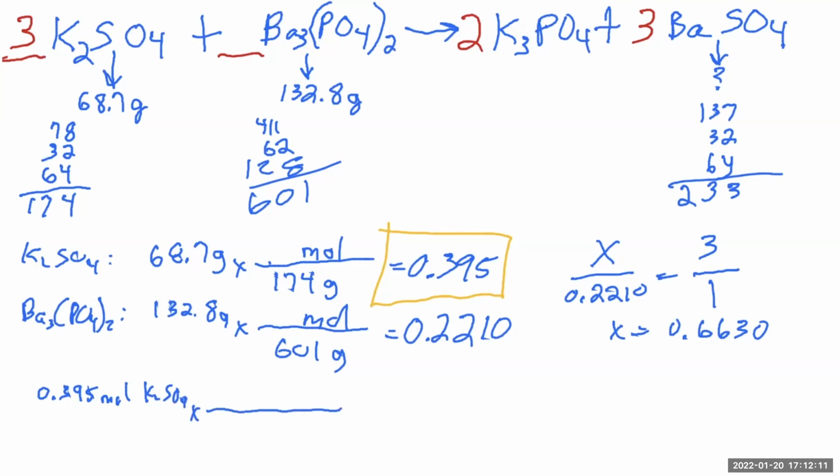So what's going to go on the bottom so it cancels? It has to be moles of potassium sulfate. So they cancel. Now the same thing on the top, then to the bottom of the next one. So moles of potassium sulfate, and I want to go to moles of barium sulfate, which is what I want for my answer. And what's my ratio?